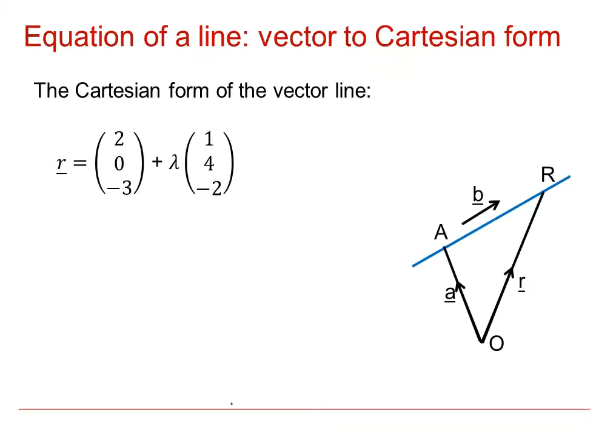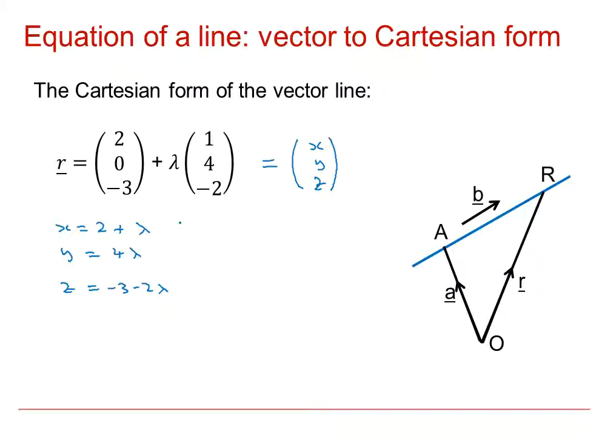So if we want to go from vector to Cartesian form, here we've got a vector form of the line, and we know that (x, y, z) is the equivalent of r, the general point on the line, and we pick out the x component. We've got x equals 2 plus lambda, middle component y equals 4 lambda, and the bottom component z equals minus 3 minus 2 lambda.